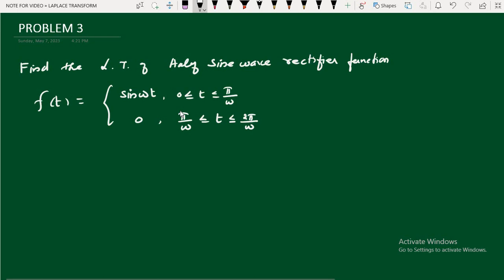So this is a problem, and for this function we have to find the Laplace transform.